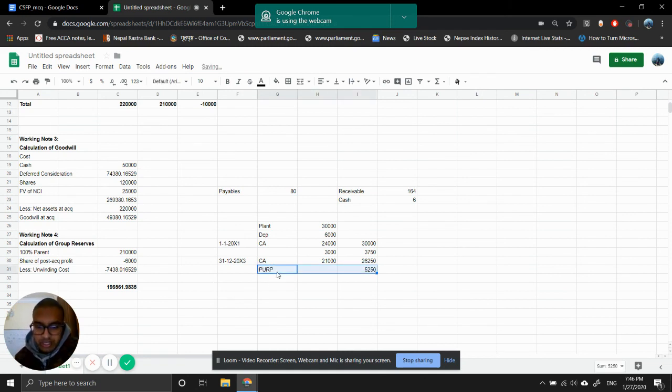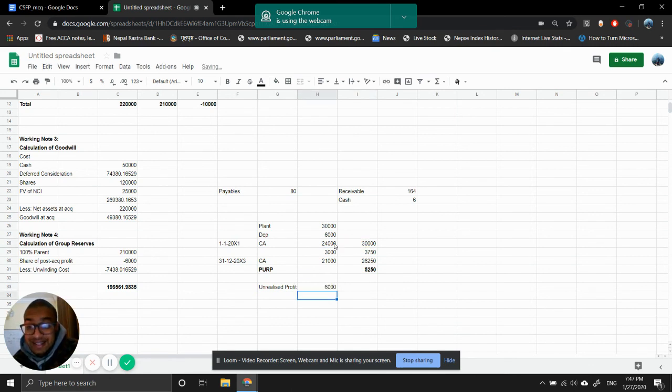But when you're preparing your consolidated financial statement, you will have to break this figure up into two different parts. The original unrealized profit is this figure minus this figure.